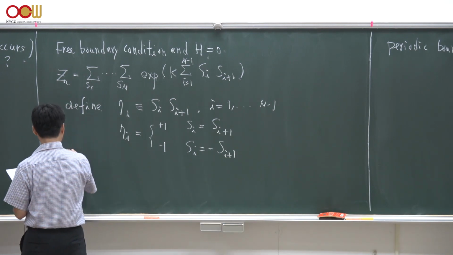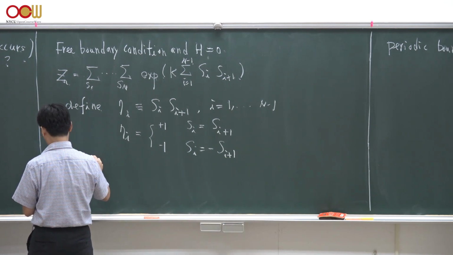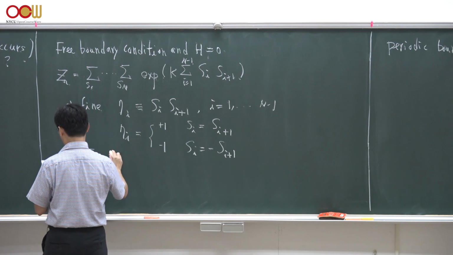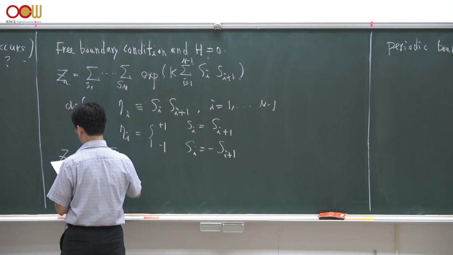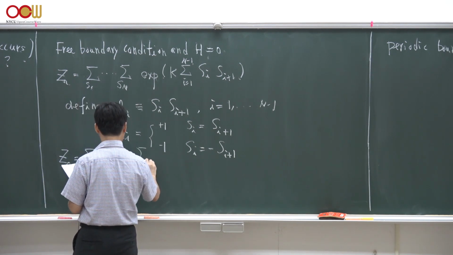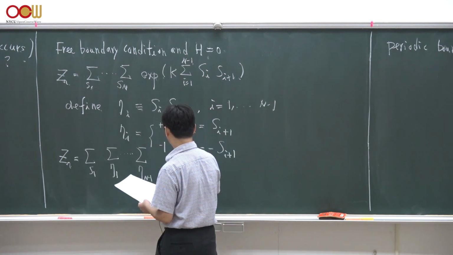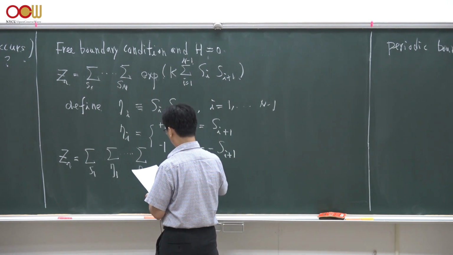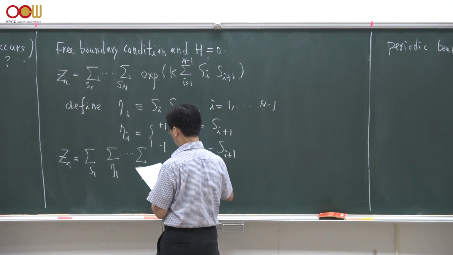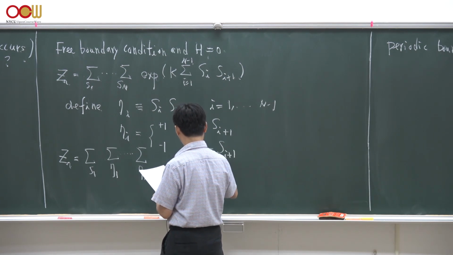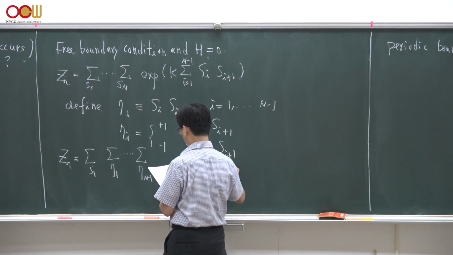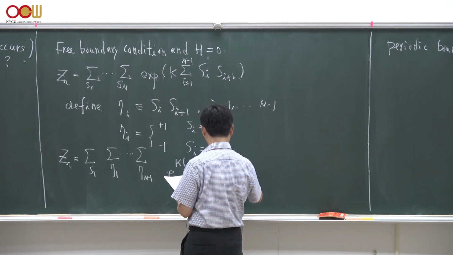So then this partition function is simply the sum over S_1, but the remaining summation is replaced by the sum over eta. Inside this partition function the Boltzmann weight is e to the K times (eta_1 plus eta_2 plus ... plus eta_(N-1)).